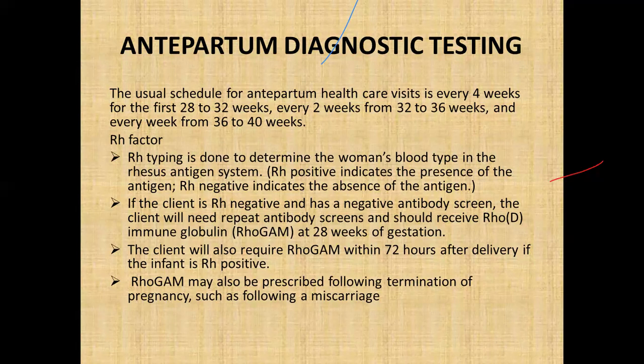But the important thing the NCLEX will seek from you is what I'm talking about now. At the first visit, the test was done. The mother's status is known to be negative. Let's say we know the father to be positive. And so at the end of the day, if the father is positive, the likelihood that the baby will pick the father's status is very high.